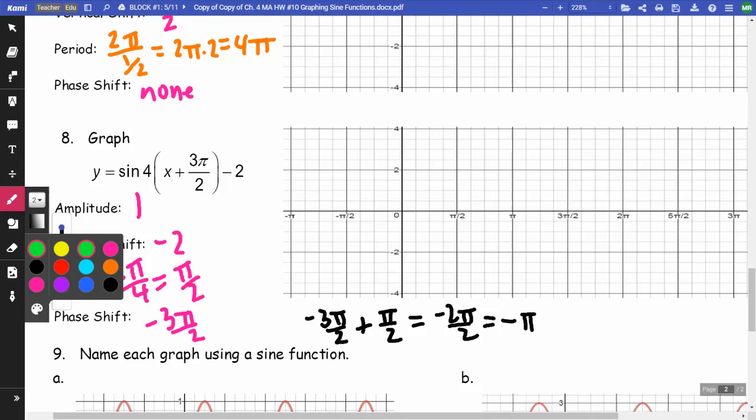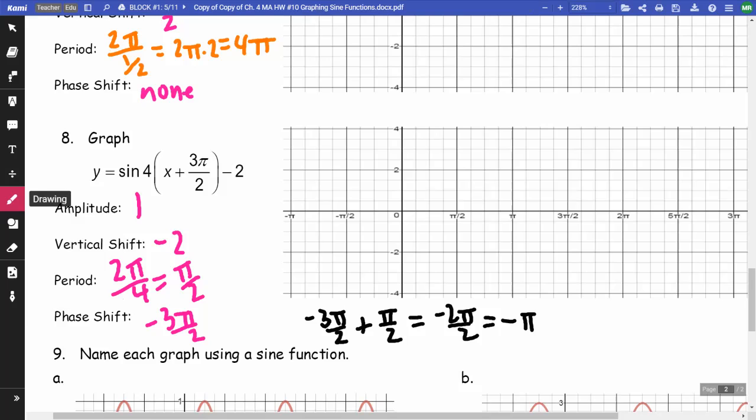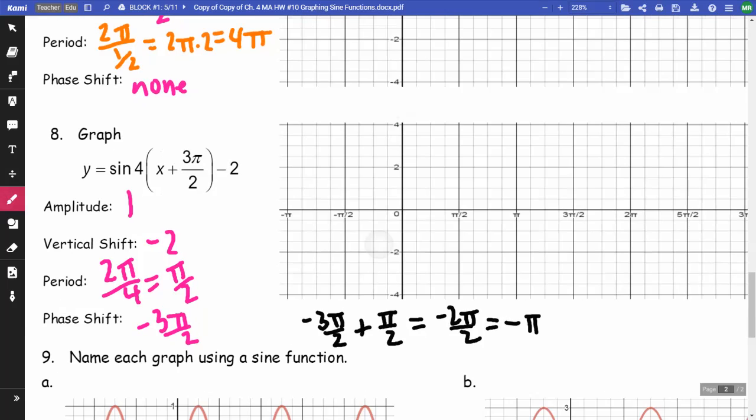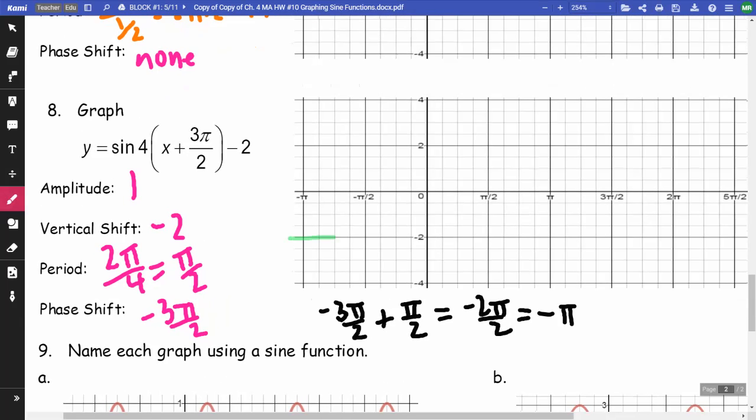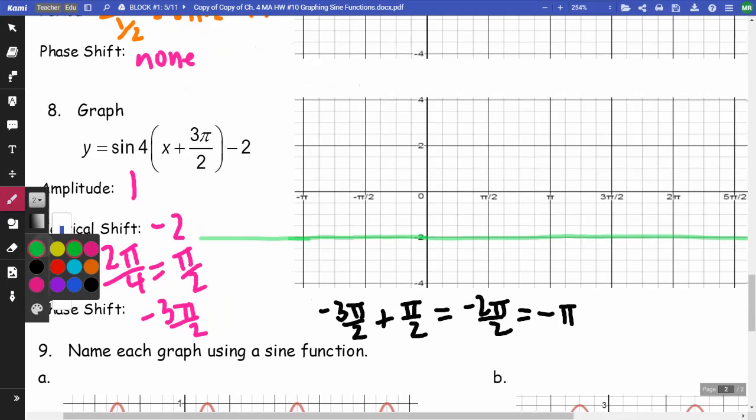So for this, let me get my vertical shift, which is at -2. So it's going to be down here. And let me just extend it. And then my amplitude is 1.